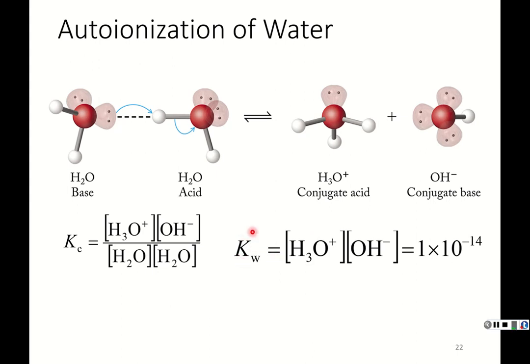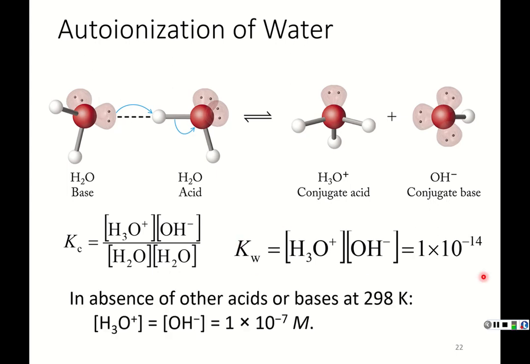And W you can think of as standing for water or autoionization of water. It's going to be the concentration of H3O plus, or H plus if you prefer to think of it in that way, multiplied by the concentration of OH minus. And it turns out that always equals 1 times 10 to the minus 14. Okay. So this ultimately is where we get our pH scale.